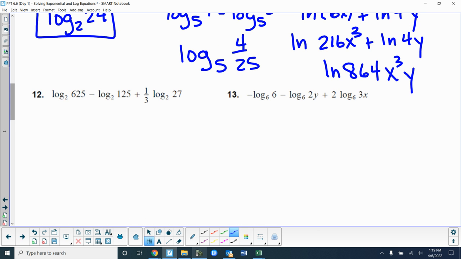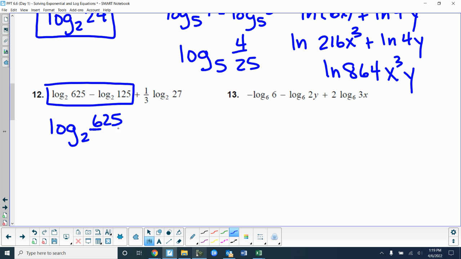All right. So with these 2 here, what do I do with them? Divide them, right? Well, what is 625 divided by 125? 5. So I can reduce that. And then what do I do with the 1/3?